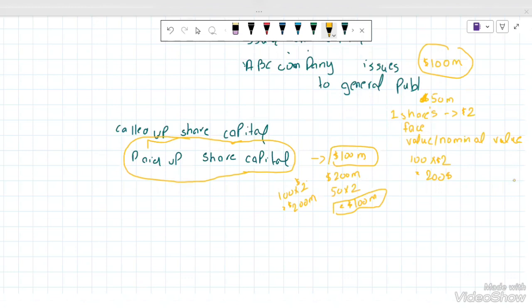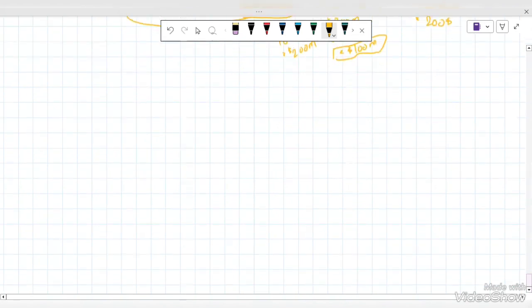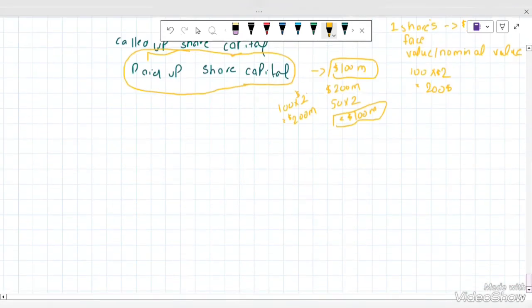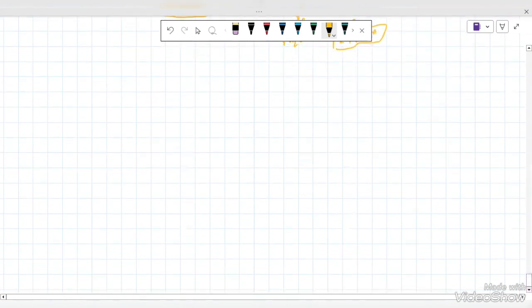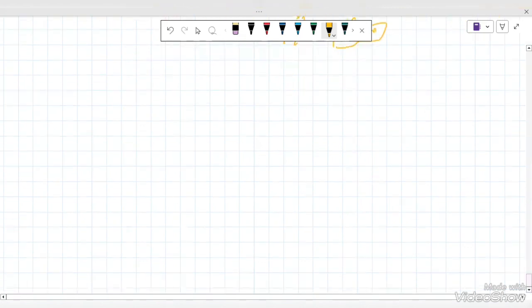Now we are going to learn some other very important things in company accounts, and also discuss some calculations which may come in your accounting paper, other than the statement of changes in equity, the extract of the financial statement, and the extract of the income statement.